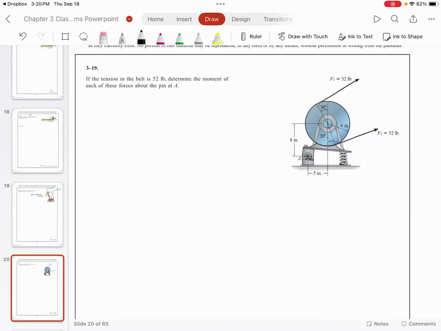So now you have one force on the top and one force in the bottom. Now what you need to do is you need to find out their respective lever arms and find out the moment about point A. And I'm going to give this problem as homework.